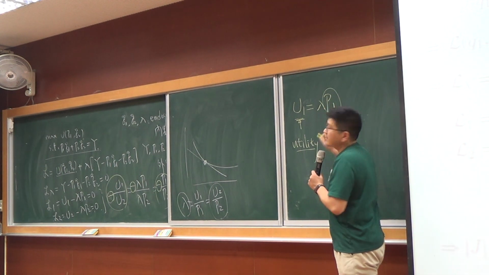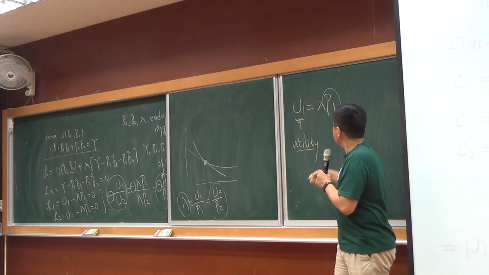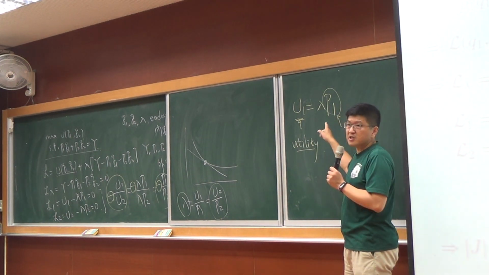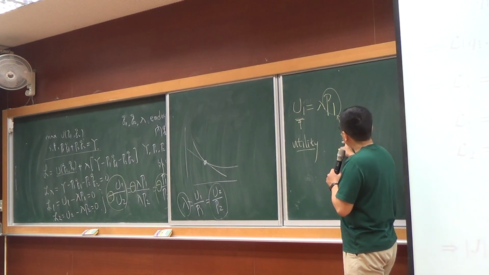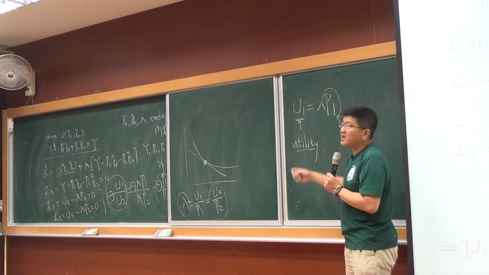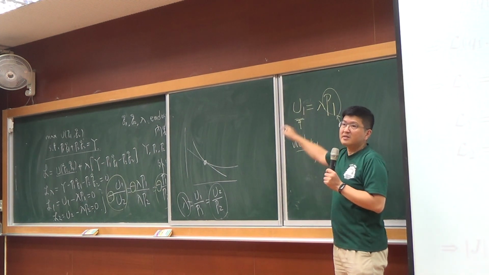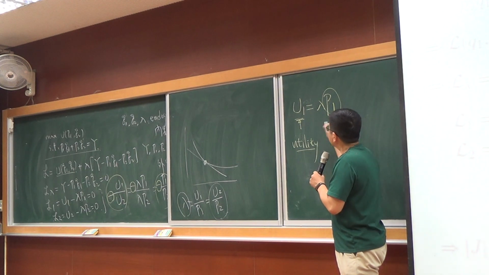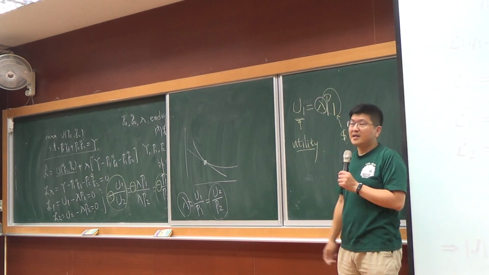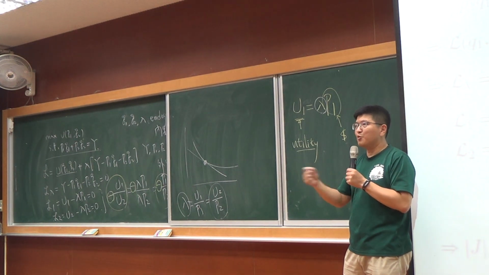And P1 is the price of good 1, so the unit of P1 would be dollars. So something about money, something about happiness, how can they be equalized? We use lambda to make them communicate with each other.